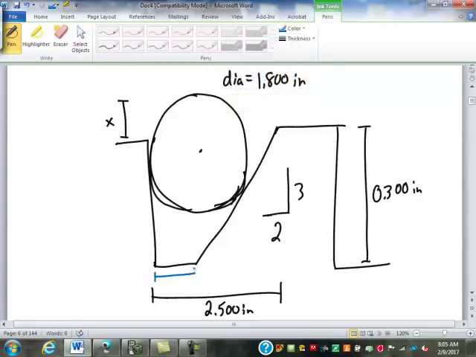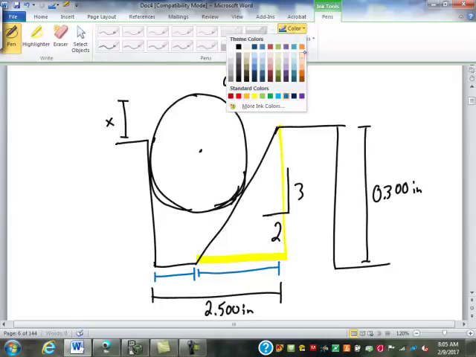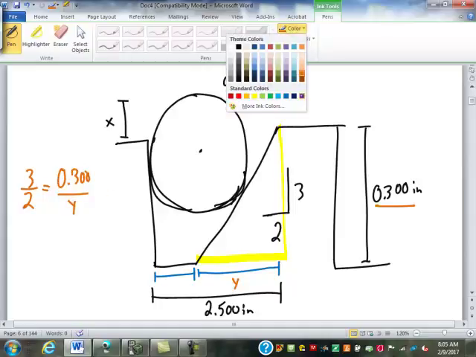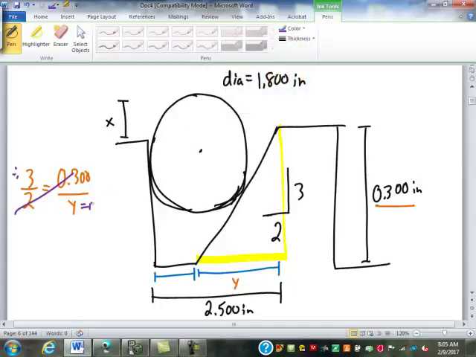First thing I can find is this distance here pretty simply, because if I think of this as being a triangle, I've got my 3/2 equals 0.3 over, I'll call that y, over y. Cross multiplying and dividing, that has to be 0.2. So if that's 0.2, this is 0.05.